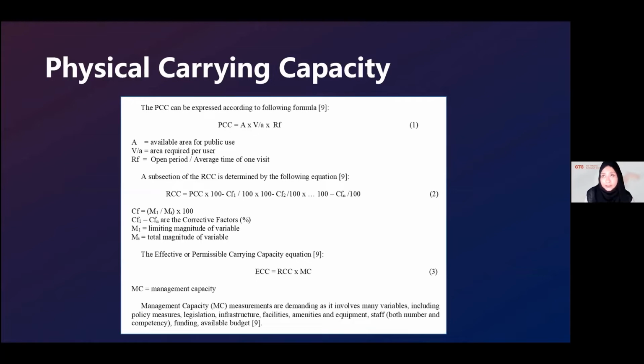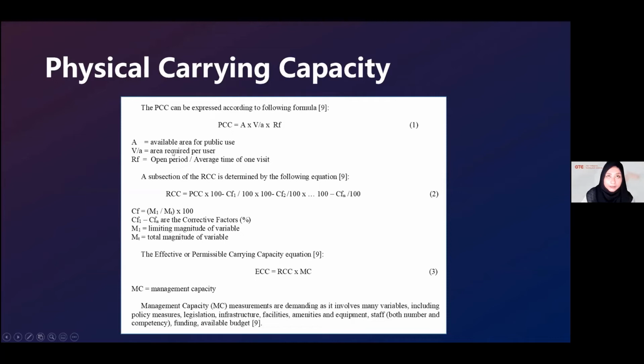For example, if you live in a room, how many square meters do you require to be comfortable? Otherwise, you feel very condensed or suffocated, or you have a very spacious area. So this can be found in the literature review.